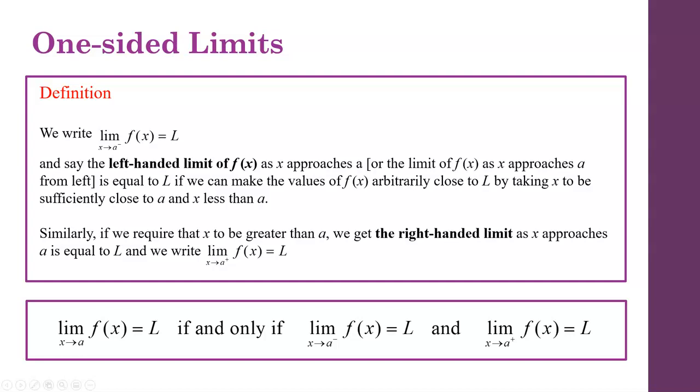So the limit as x goes to a of f of x equals L. We say it's equal to some value L if and only if both the left limit and the right limit are equal to L. Okay, so saying that a limit is equal to L is equivalent to saying the left and the right limit are equal to L, and vice versa. If I say the left limit is L and the right limit is L, that means the limit of the function itself is equal to L.